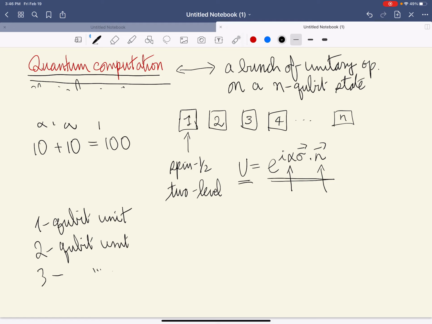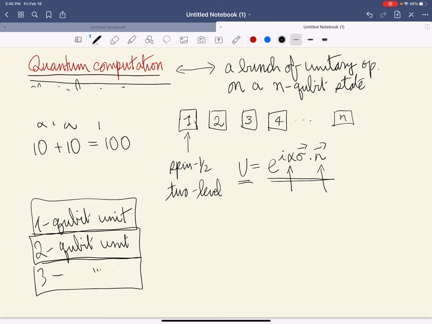There's no limit on how many qubits you can act on simultaneously by appropriate unitary operation. However, in practice, of course, one qubit unitary is a lot easier to implement than a two qubit, which is a lot easier to implement than a three qubit unitary, and so on.